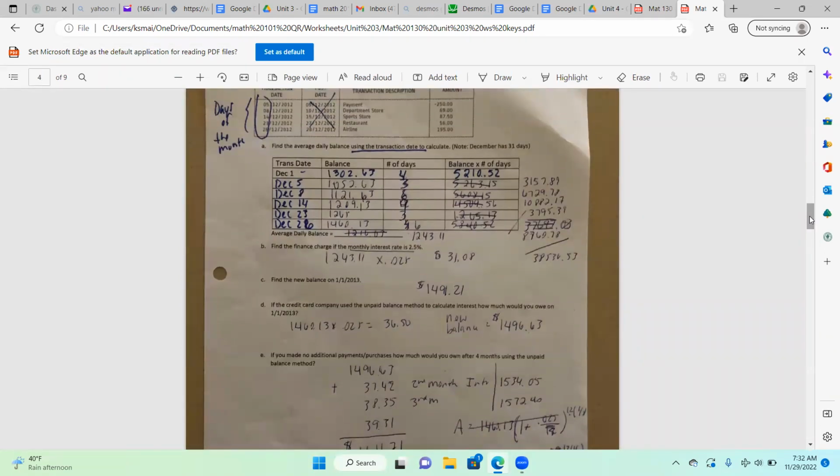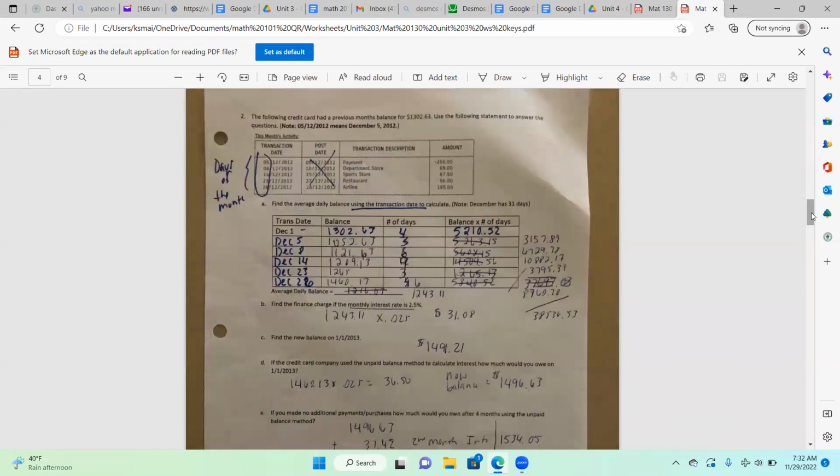The second part to the worksheet is a credit card, calculating the interest on a credit card. It says we had a balance of $1,302.63. And then you can see that we had these payment transaction dates. So we're going by these days of the month.